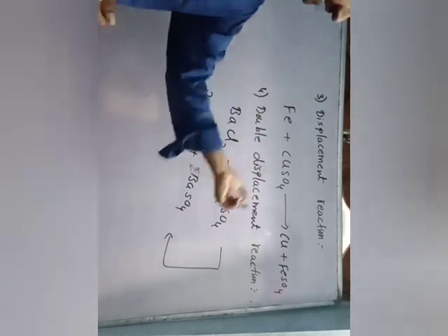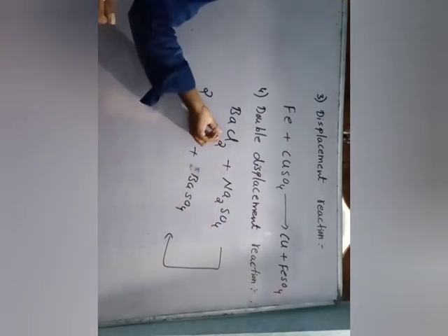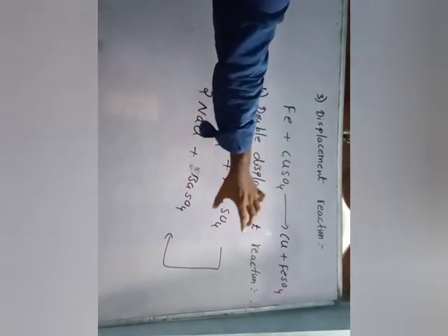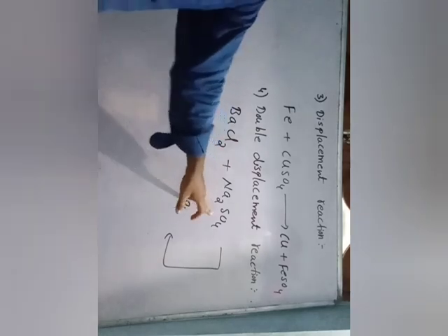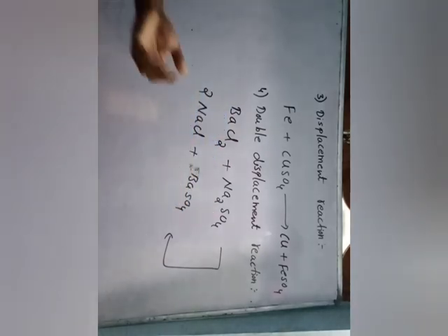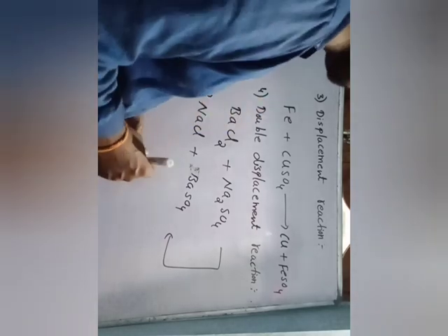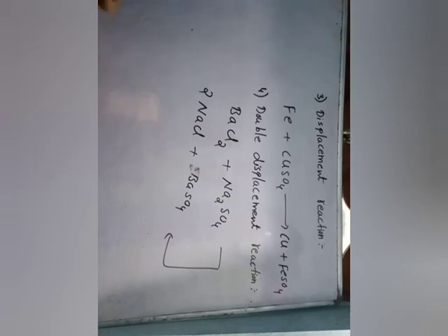Barium is combined with sulfate and chlorine is combined with sodium. Clear all of you? So this is example for double displacement reaction. The exchange of two ions is called simply double displacement reaction.